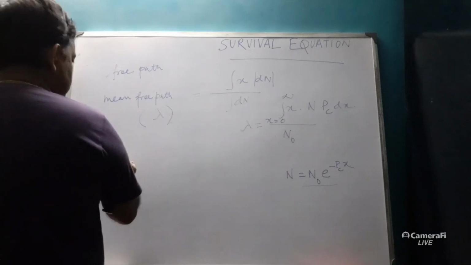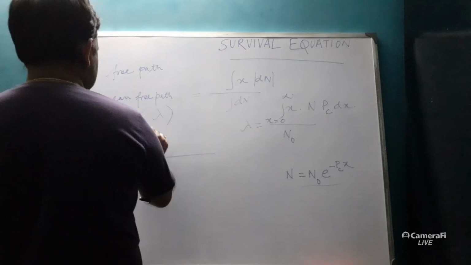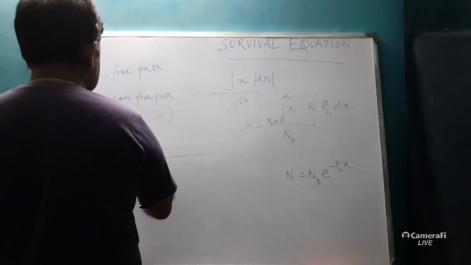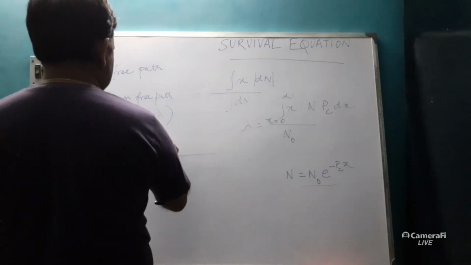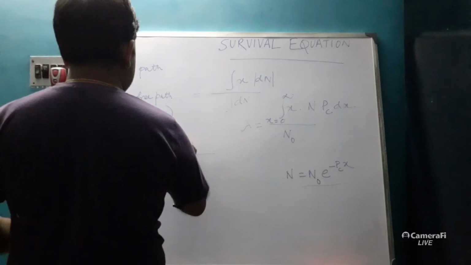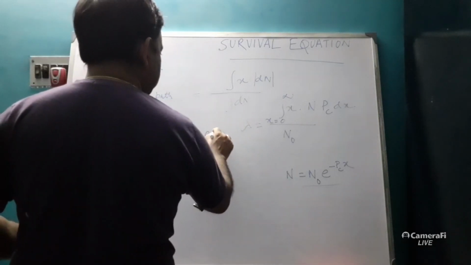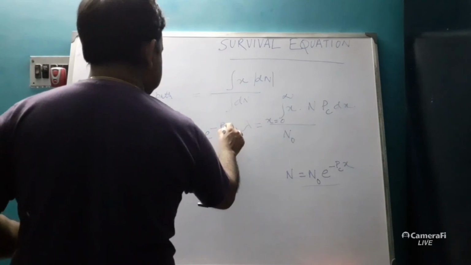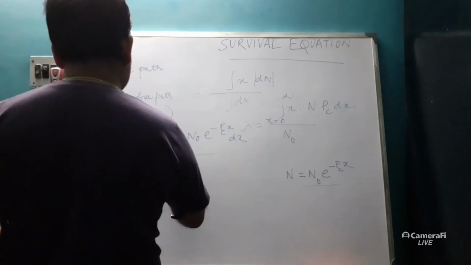So lambda is equals to integration x is equals to 0 to infinity x into pc, and here you have n0 e to the power minus pc x dx, and at the bottom you have n0.